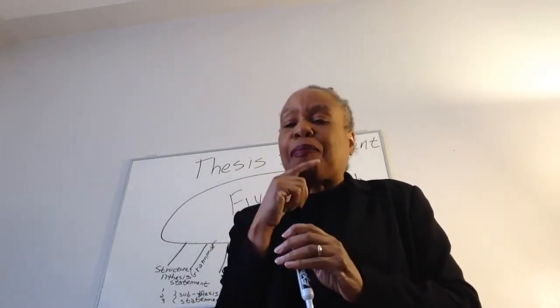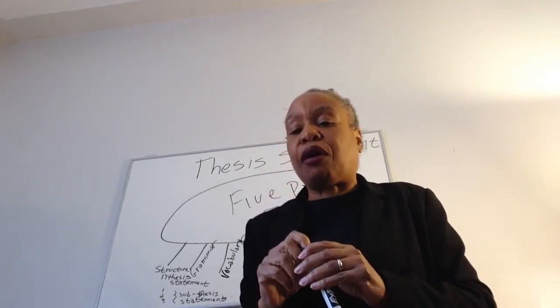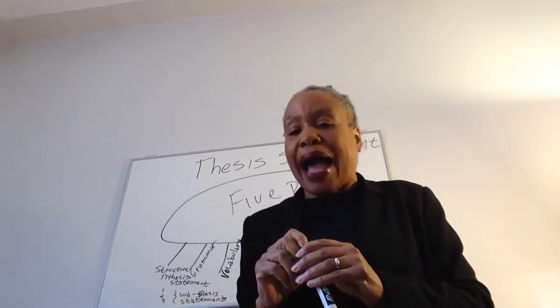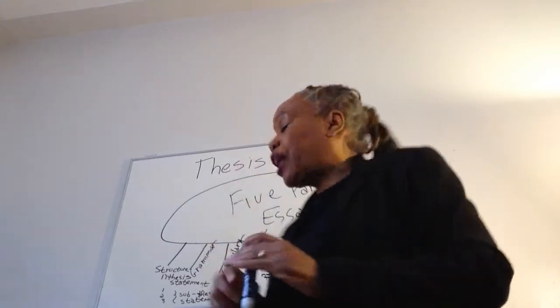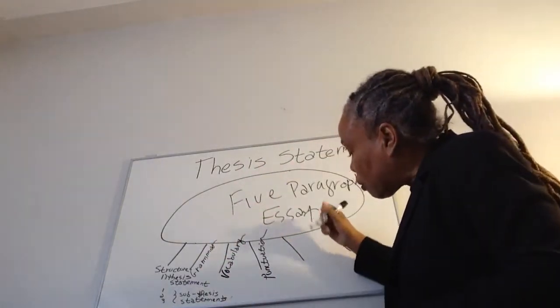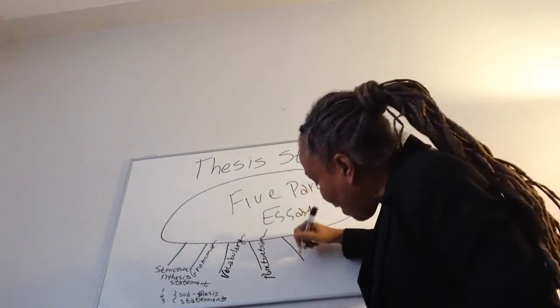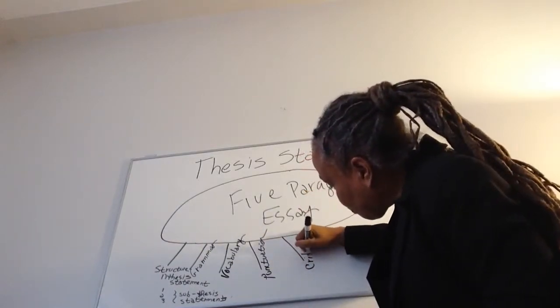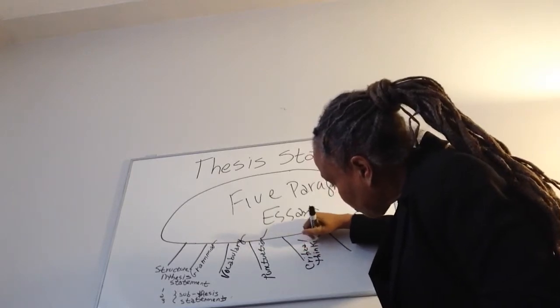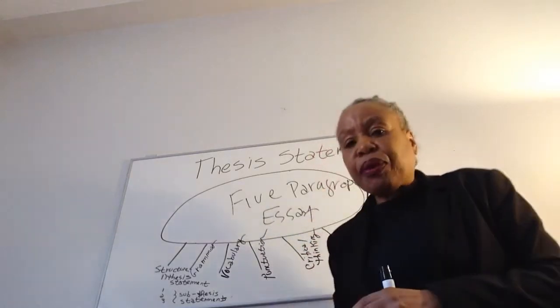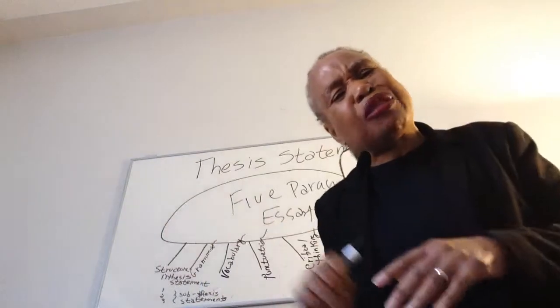You know what? The video's running a little bit long, so I'm going to come back. And when I come back, I'm going to talk about the last two things. The last two legs, and this I haven't discussed before, is critical thinking. That's very important, especially if you're a college student. But even if you're a high school student, that's important.